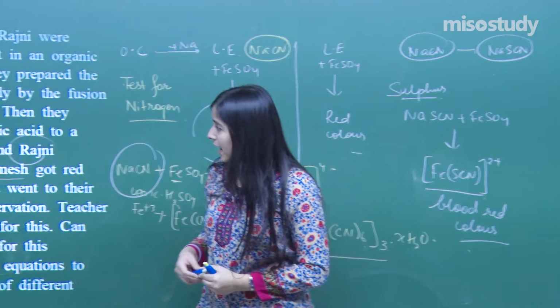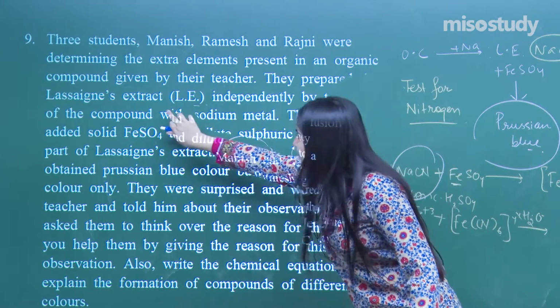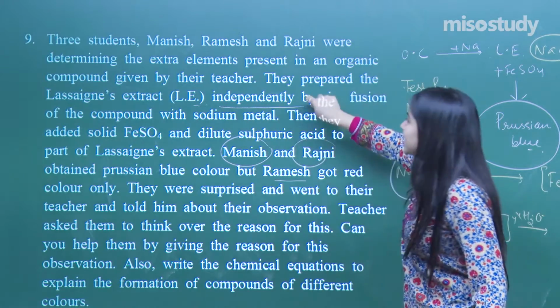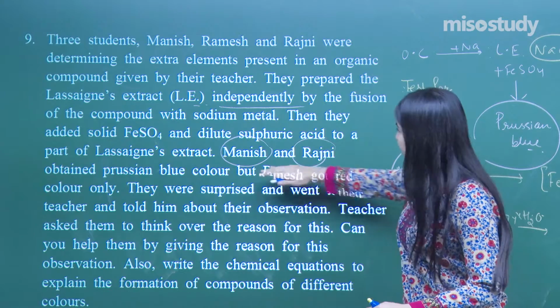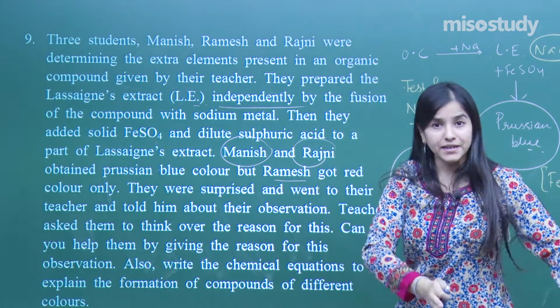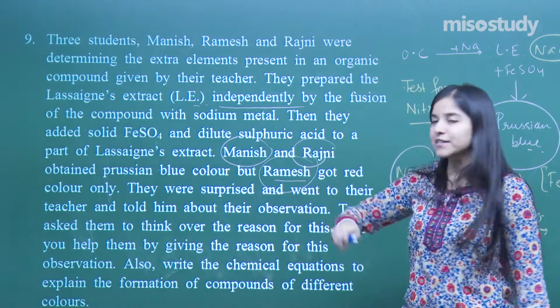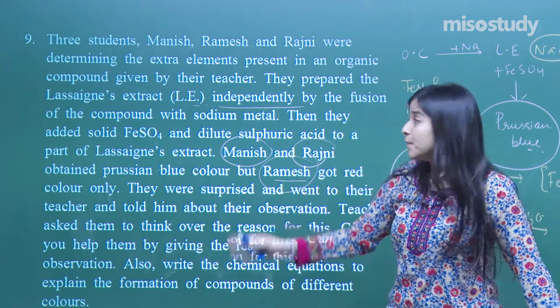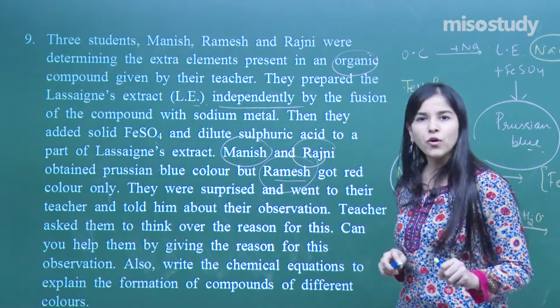Clear about it? And they had prepared the Lassaigne's extract independently. That means Manish and Rajni have prepared independently, whereas Ramesh has prepared independently, but the organic compound is the same.